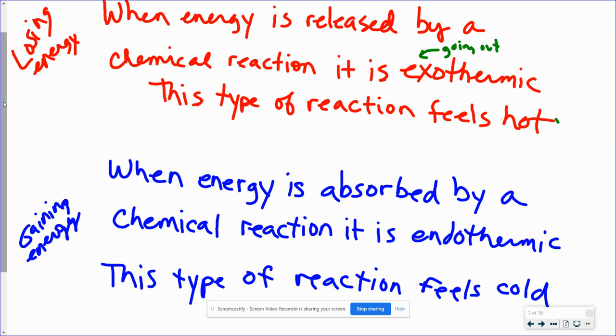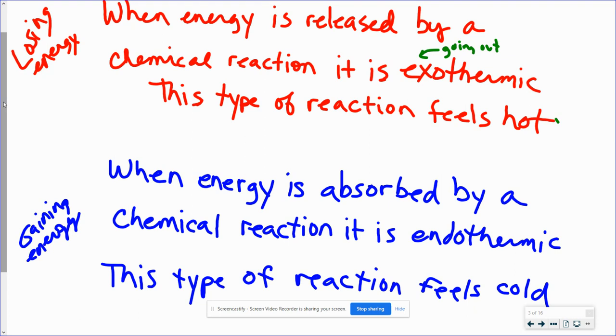So what you're feeling in a reaction is the surroundings, like the test tube. It will feel cold to you if it's an endothermic reaction because it's taking energy in to make the reaction happen. Whereas when it's exothermic, the reaction itself is losing energy, and the energy is going to make the surroundings heat up.